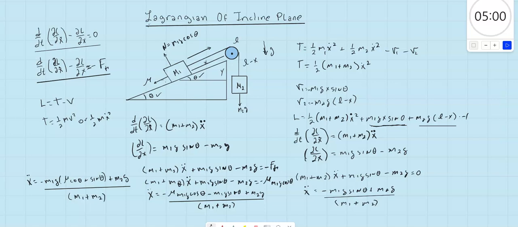And this is our equation of motion or acceleration with friction. This one here is without friction, and this one here is with friction.